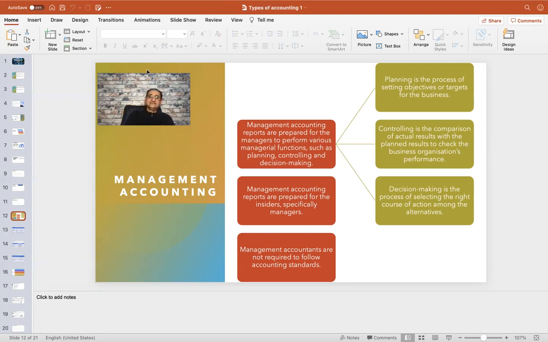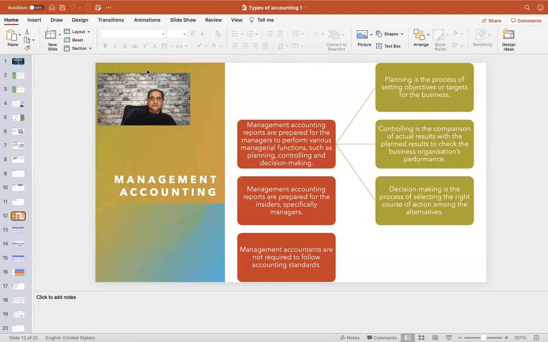So when we use this term, it means the managers are setting the objectives or targets for their business organization. So it is planned, so that the target is set for the future, what we want to achieve in the following year.